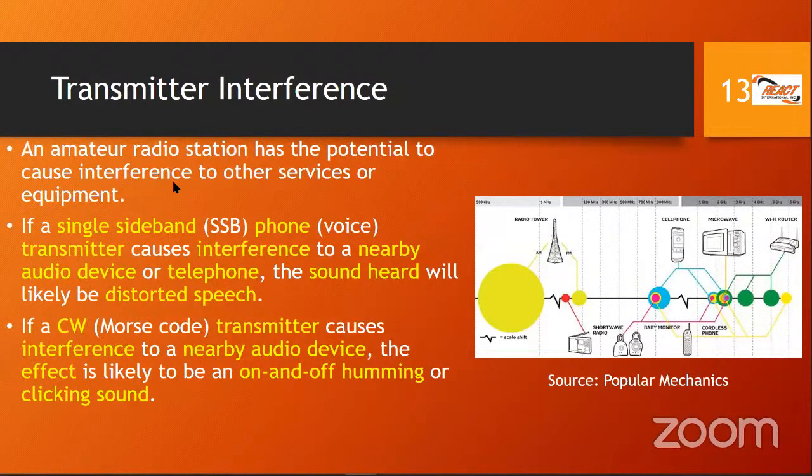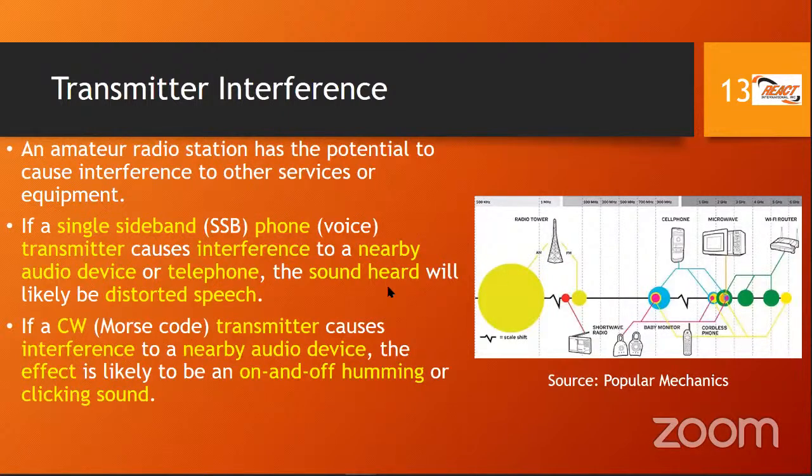So we need to know for the exam that if you are transmitting SSB, single sideband, phone transmission, and remember, anytime we say phone in amateur radio, we're talking about voice, meaning speech, it can cause interference to a nearby audio device. So for example, a telephone. But how will you know it's interference from your SSB transmission?